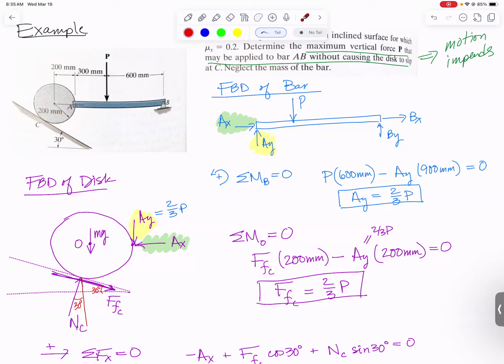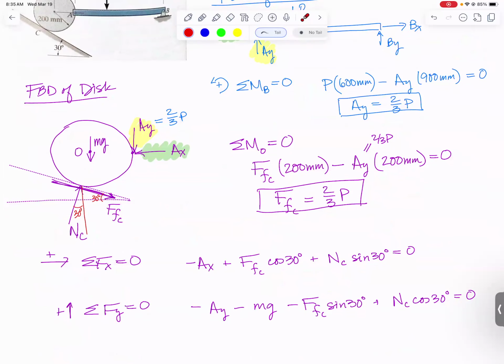That way, when you draw your friction force along the incline and your normal force perpendicular, it will help you see that since the incline is 30 from the horizontal, the normal force has to be 30 from the vertical. The other tip is in your equations, if you're summing forces in the x, for example, you should have a cosine next to your friction and a sine next to your normal. Or if you have a sine next to your friction, you have a cosine next to your normal. You should never have the same trig function next to both of them.